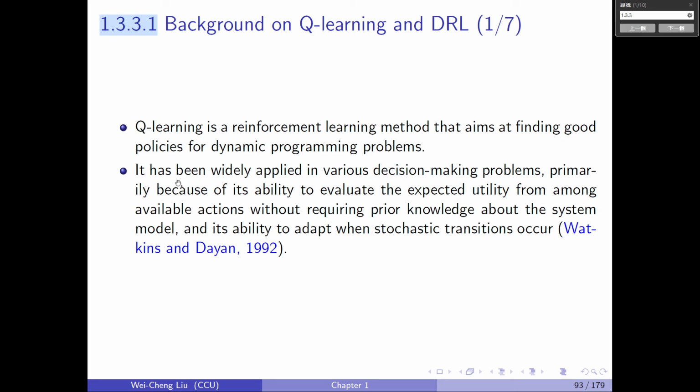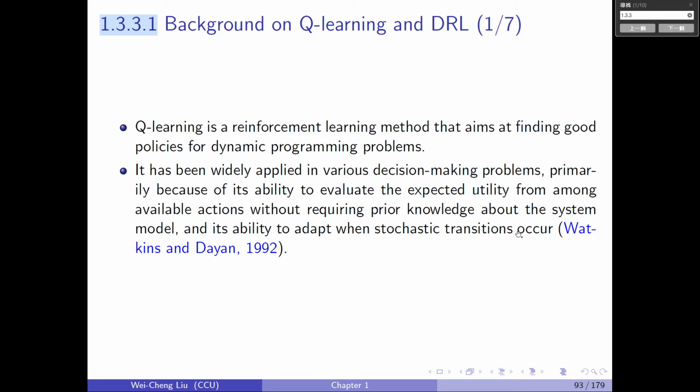It has been widely applied in various decision-making problems, primarily because of its ability to evaluate the expected utility from among available actions without requiring prior knowledge about the system model, and its ability to adapt when stochastic transitions occur.